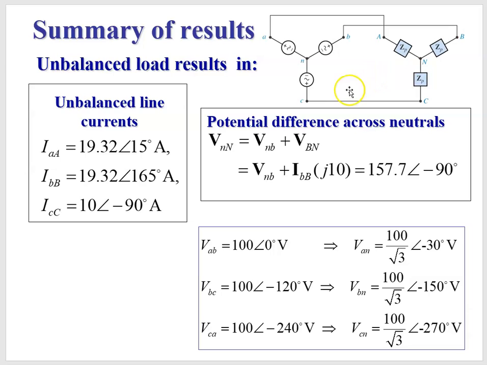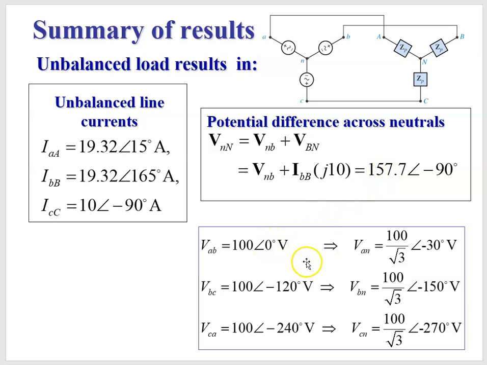Our VNN is going to be our VNB plus our VBB times j10, or IBB. IBB is this current here, right? Which is the same as our IBN. So we do get this voltage here across the neutral wire.